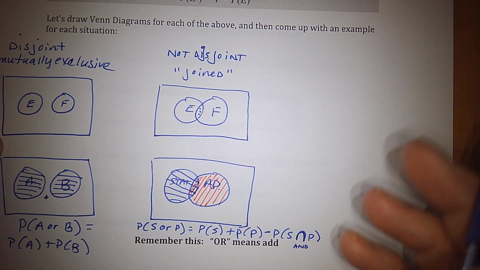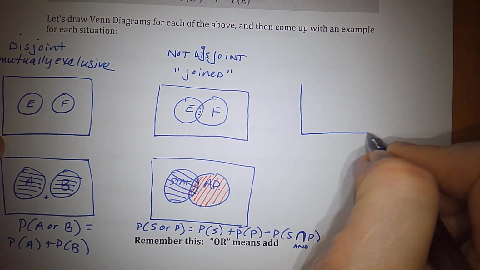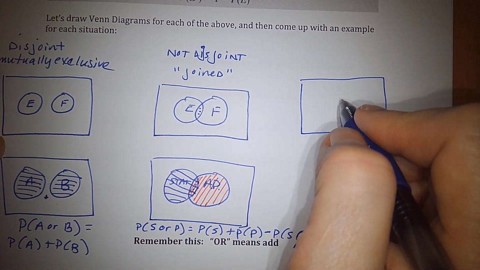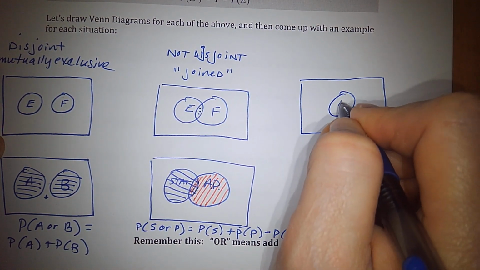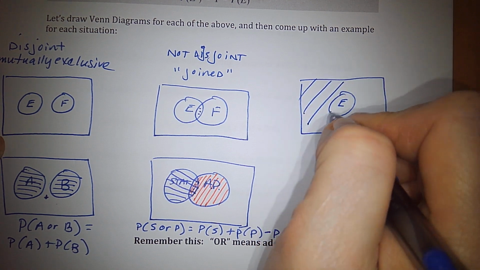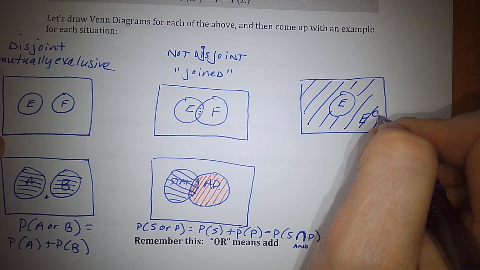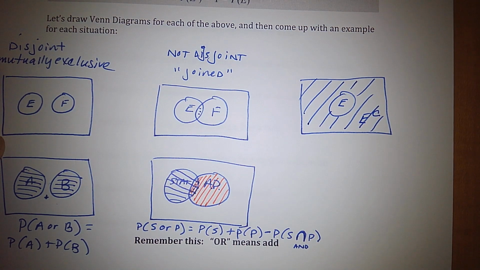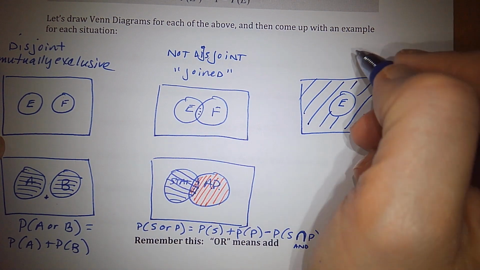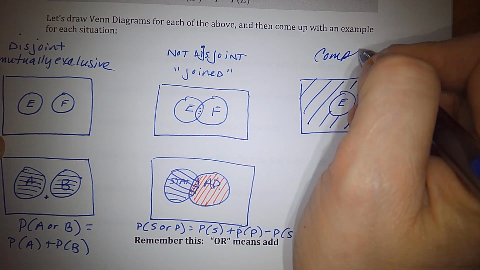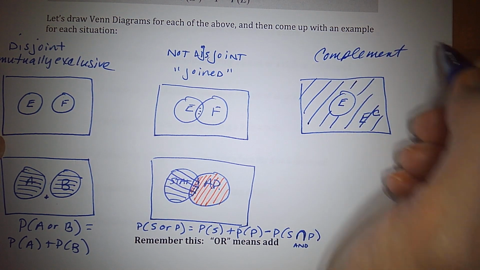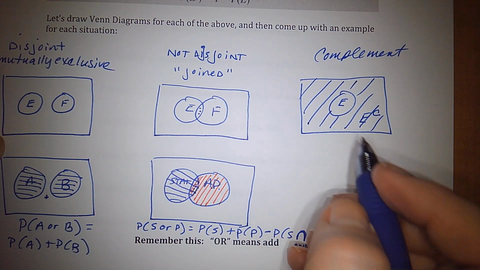Okay, so let's do an example here. If this is an event E, then the probability on the outside represents the complement of E, or in other words the probability it will not occur. So complement actually is another word for opposite.